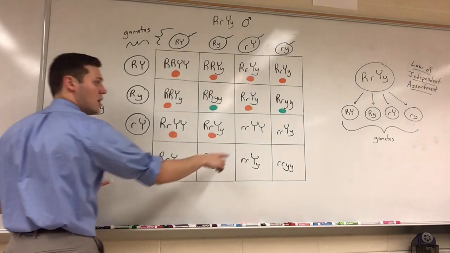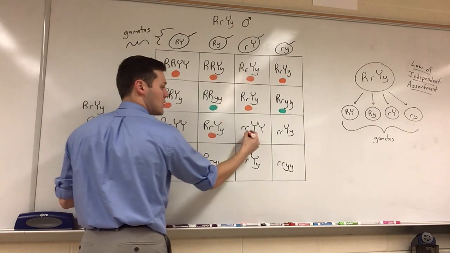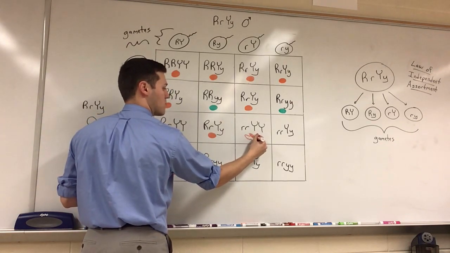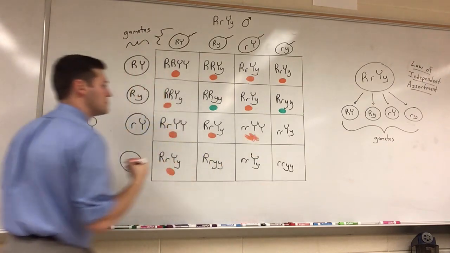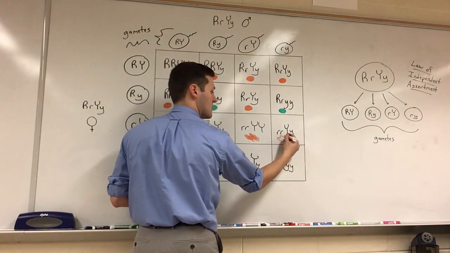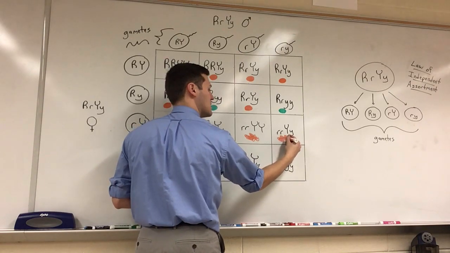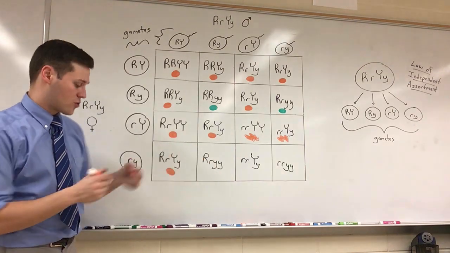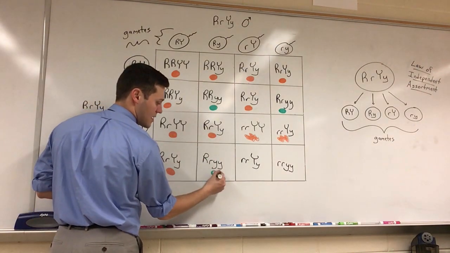Now here we have our first wrinkled and yellow. So I'll draw that like this. So we have wrinkled and yellow. Here we have wrinkled and yellow again. Here we have round and green, so we'll put that there.